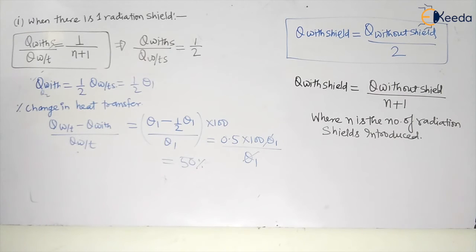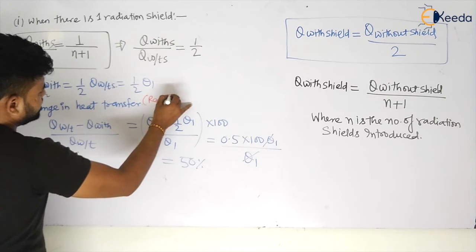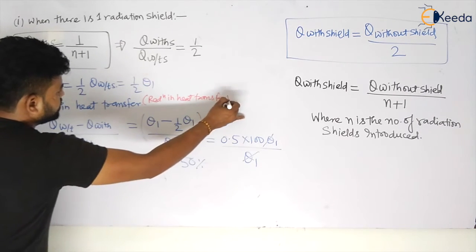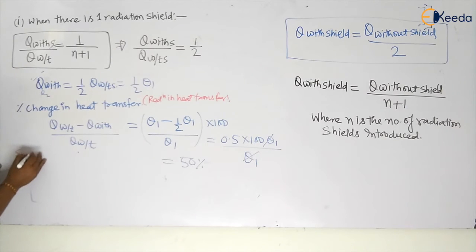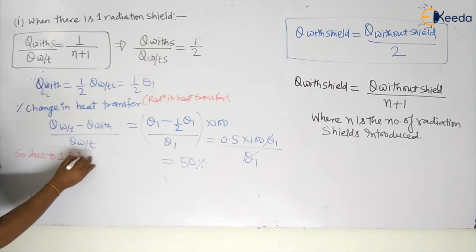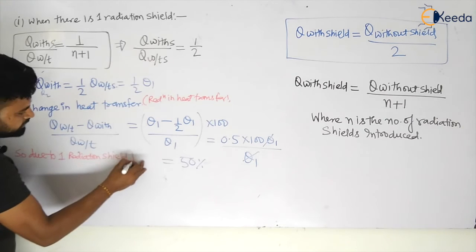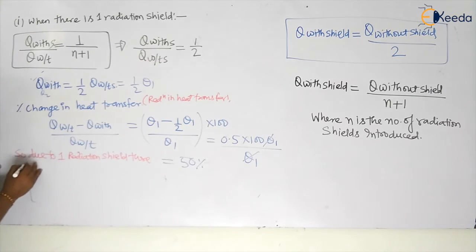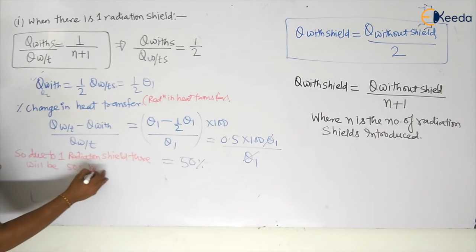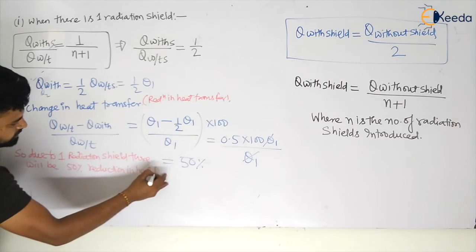So we can say change in heat, or reduction in heat transfer. So due to one radiation shield, there will be 50% reduction in heat transfer.